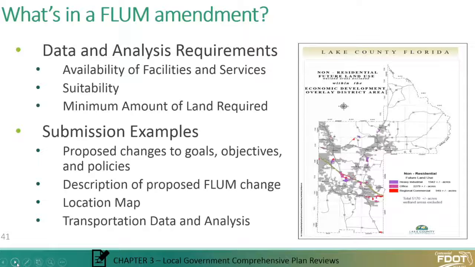So submission examples you might see for a future land use map amendment may include proposed changes, as I talked about with text changes, proposed changes to goals, objectives, and policies. For example, say you're doing a future land use map amendment, but you must change the goals, objectives, and policies which control the future land use designation. I'm going to take a step back now.